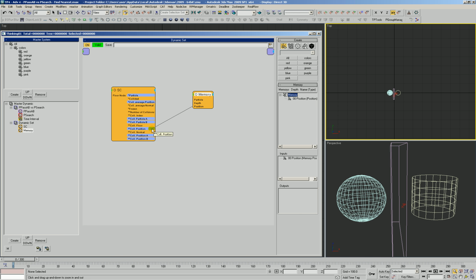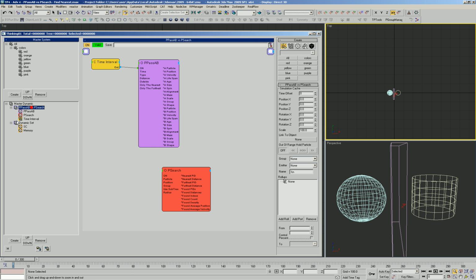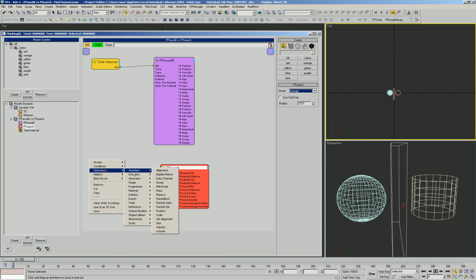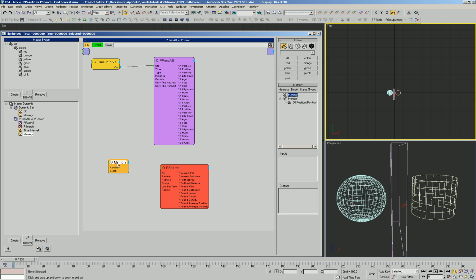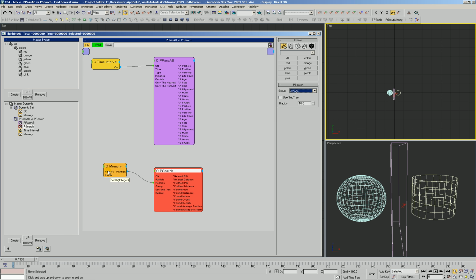We can store the position of the collision for each and every collision, and then we would want this rule to be afterward here, and we could have that memory feed that collision position directly into this PSearch. And so every time there's a new position value coming out, PSearch is going to fire off, and it's going to search for orange particles within that radius.